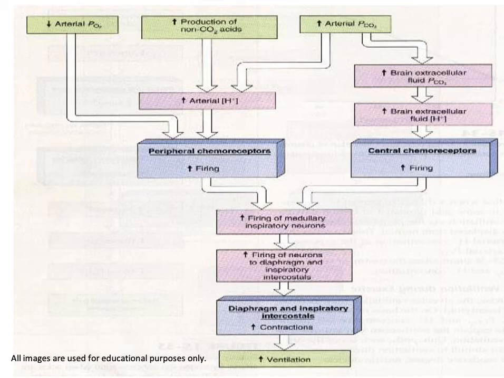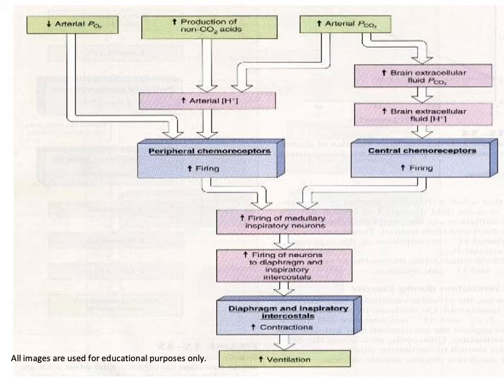But bear in mind, peripheral chemoreceptors only produce a significant effect when the partial pressure of oxygen is less than 60 millimeters of mercury.